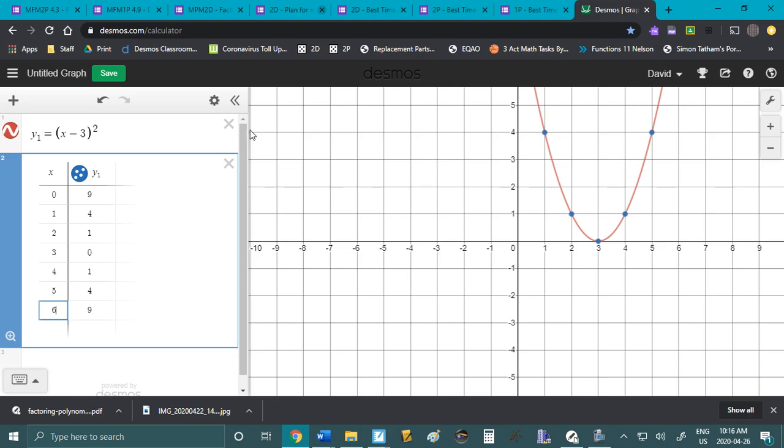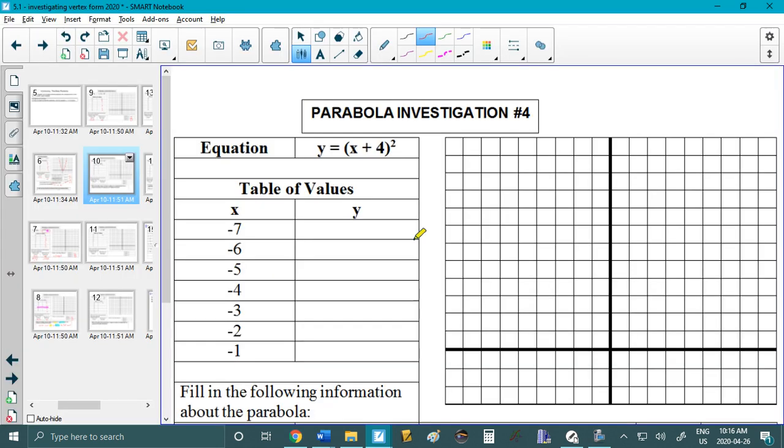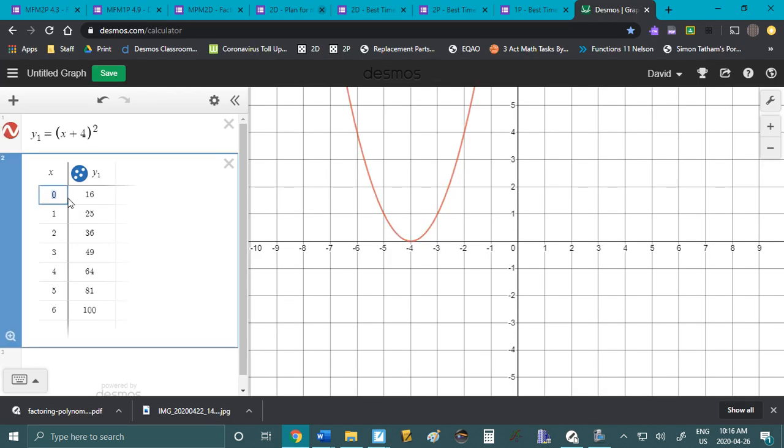Okay, let's do the next one. X plus 4. So x minus 3 moved to the right. So what do you think x plus 4 is going to do? Well, it moves it to the left. Okay, and you'll see our x values are different. So make sure you change those. So -7, -6, -5, -4, -3, -2, -1.